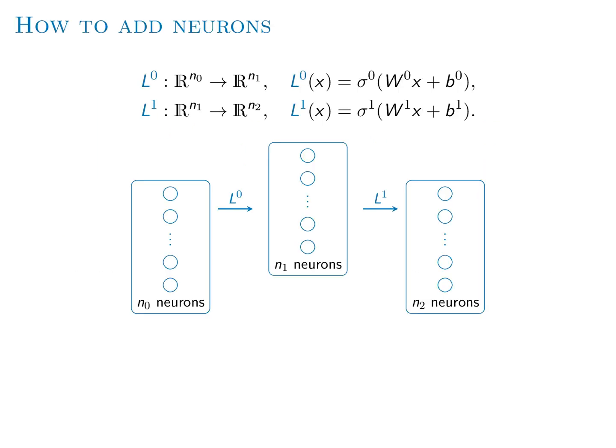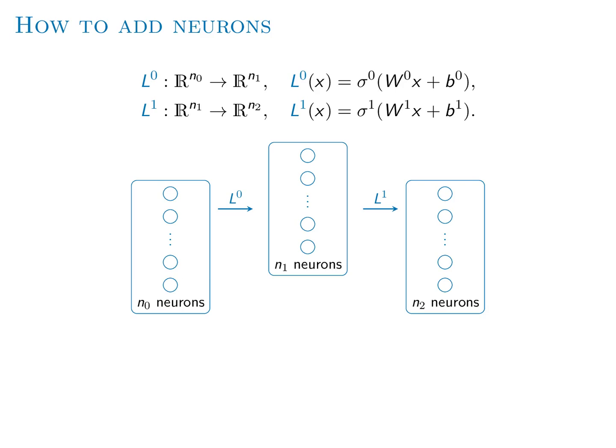In this presentation, we will focus on how to add neurons in an existing layer. For further details on this work, and even to know how to add new layers between existing ones, I refer to the original paper that I left in the description and you can find at the end of the video.